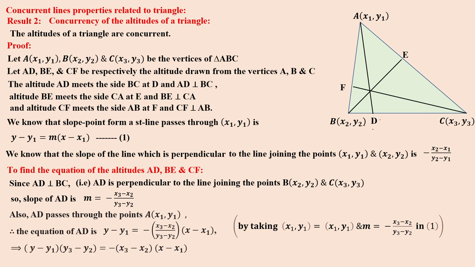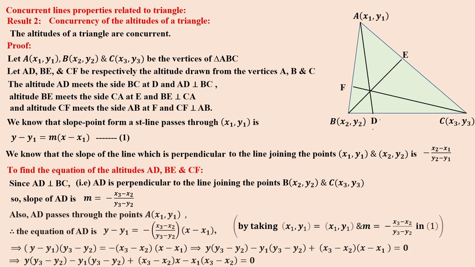Cross multiplying, (y minus y1) into (y3 minus y2) equals minus (x3 minus x2) into (x minus x1). We have to separate into x term, y term and constant term. So y into (y3 minus y2) minus y1 into (y3 minus y2). Bringing the right-hand side to the left, minus (x3 minus x2) into (x minus x1) becomes plus (x3 minus x2) into (x minus x1).